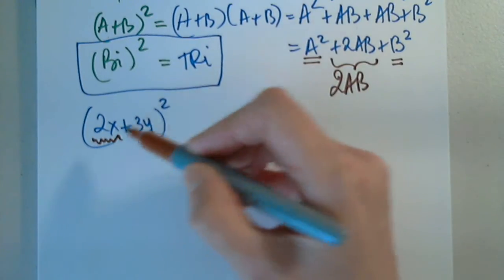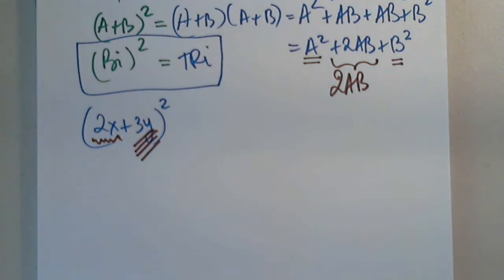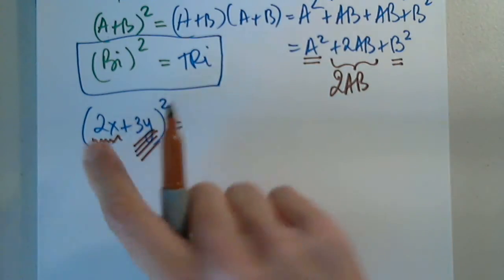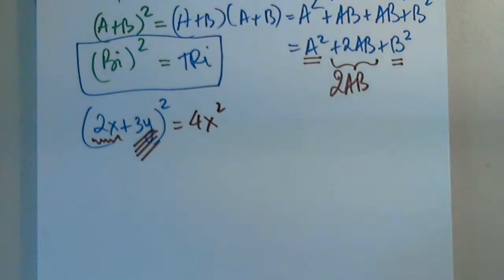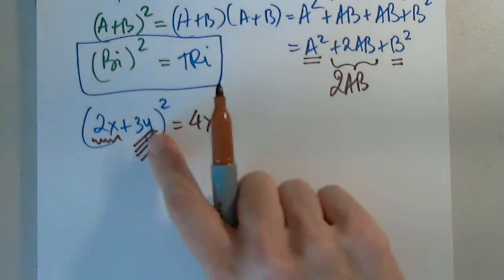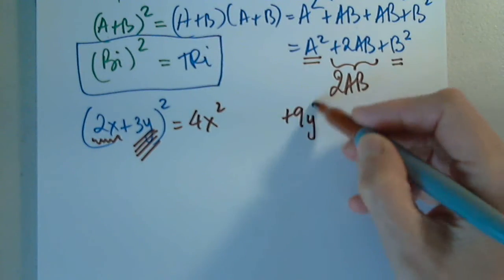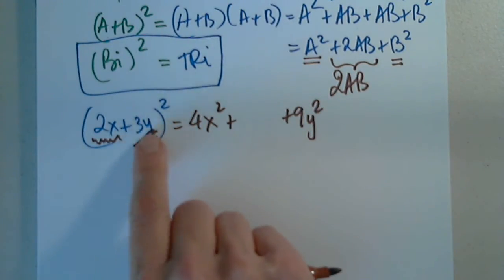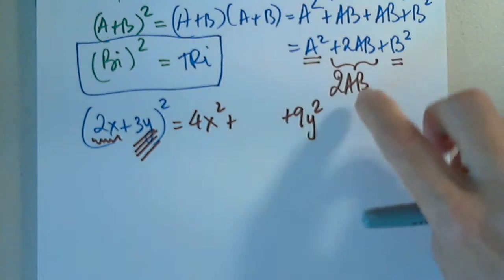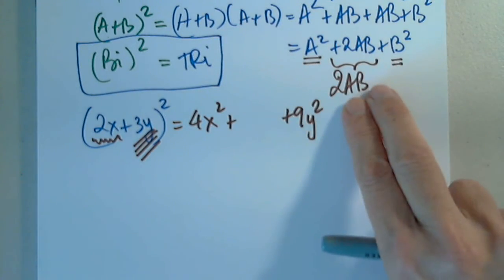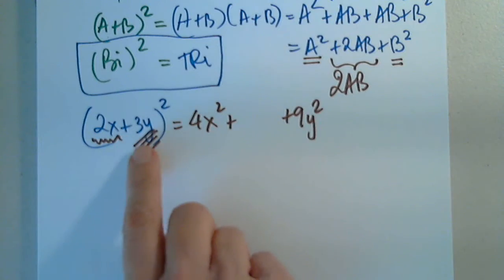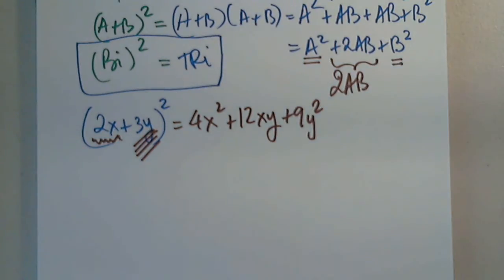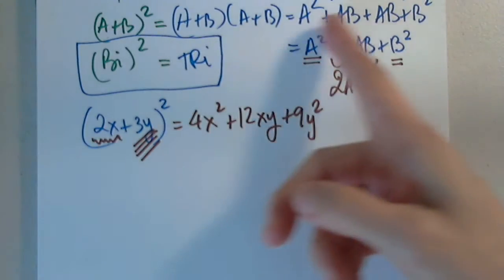This is my A, and this is my B. So obviously I have to square the first term, and I write 4x squared. I have to square the last term, and I write positive 9y squared. And the middle term is this product, which is 6xy multiplied by 2. The product of A and B, 6xy, multiplied by 2, which is 12xy. And there is no need for all this.